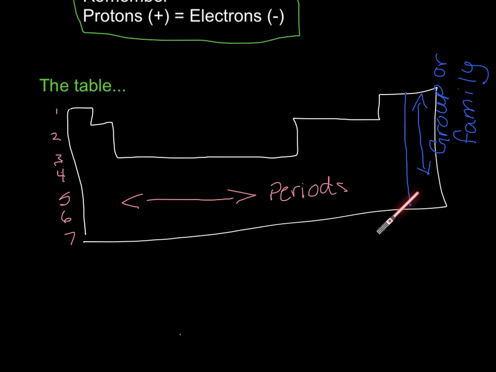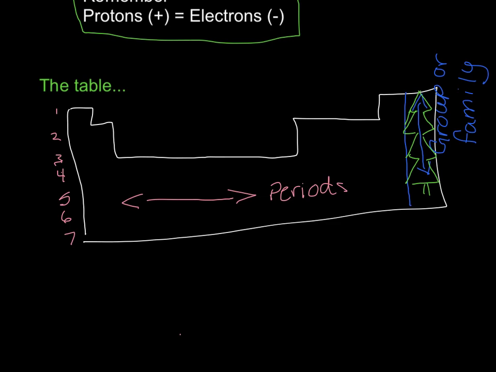So everything in this column, like a family tree, is going to have similar characteristics. So if we want to think of it as more of a family pine tree, okay?